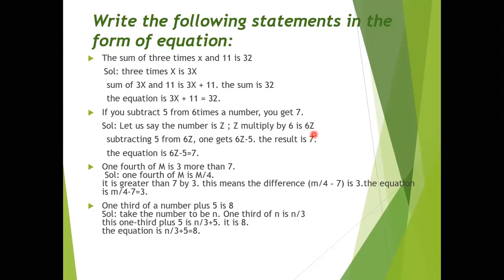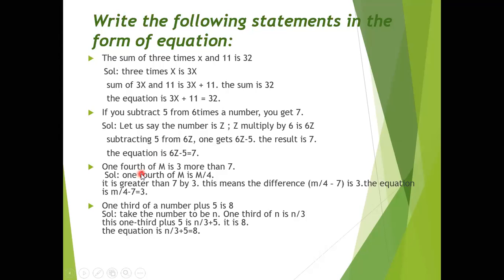Here I am taking z. Subtracting 5 from 6z gives 6z minus 5. The result is 7. So finally the equation forms as 6z minus 5 equals 7.